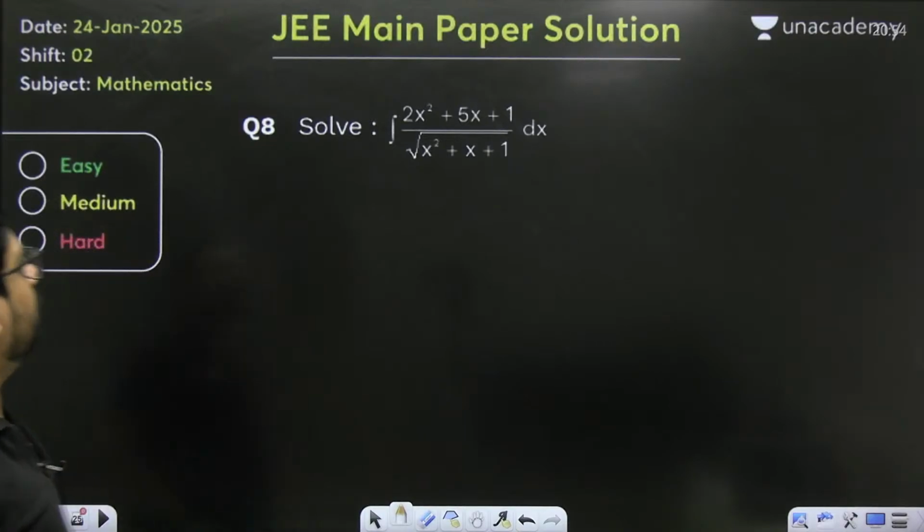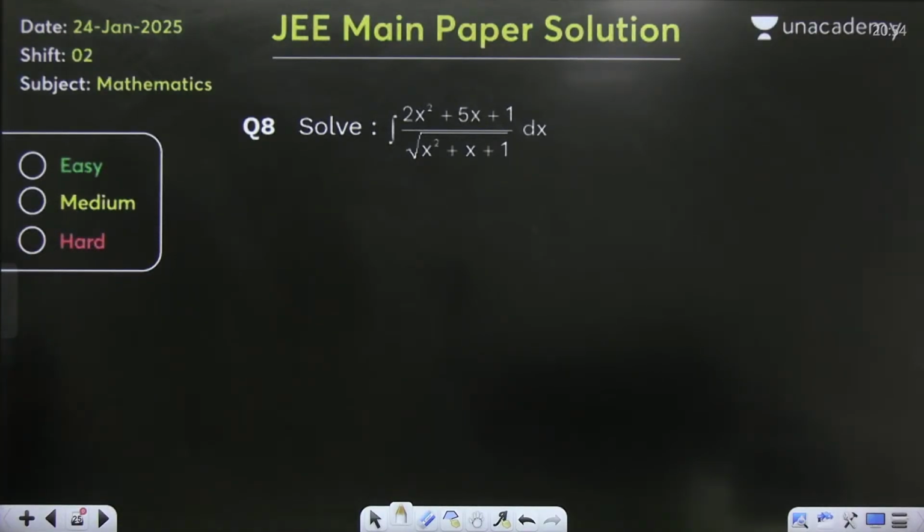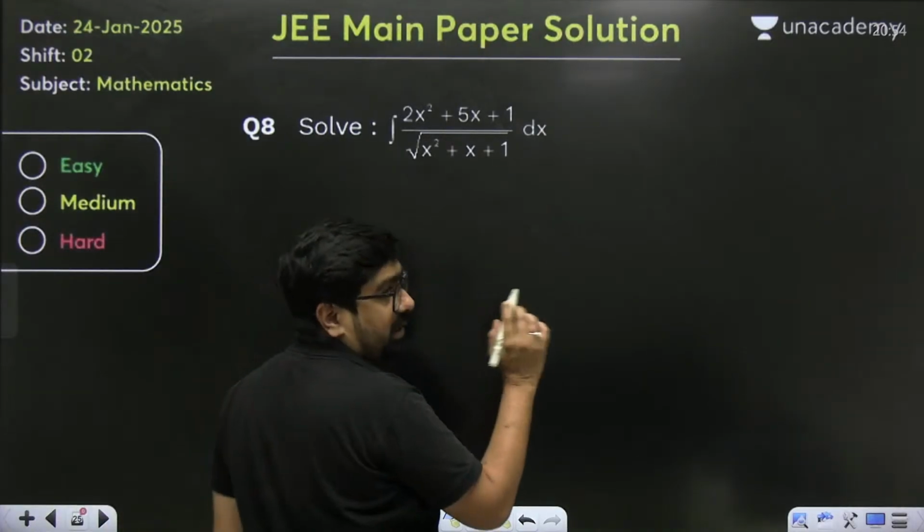So here what we will do, let me write the equation once directly. Right, so generally what is the method?